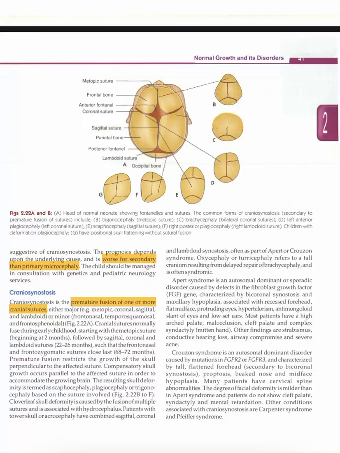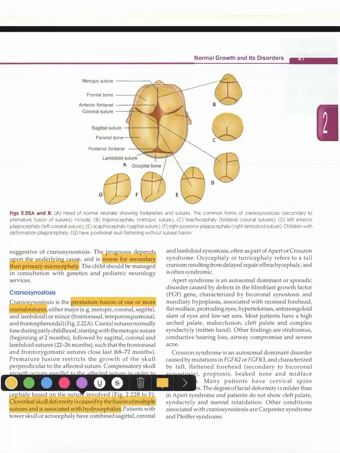Based on the suture involved, cloverleaf skull deformity is caused by fusion of multiple sutures and associated with hydrocephalus. Important sentence: patients with tower skull and acrocephaly have combined sagittal, coronal and lambdoid synostosis, often as part of Apert and Crouzon syndrome.